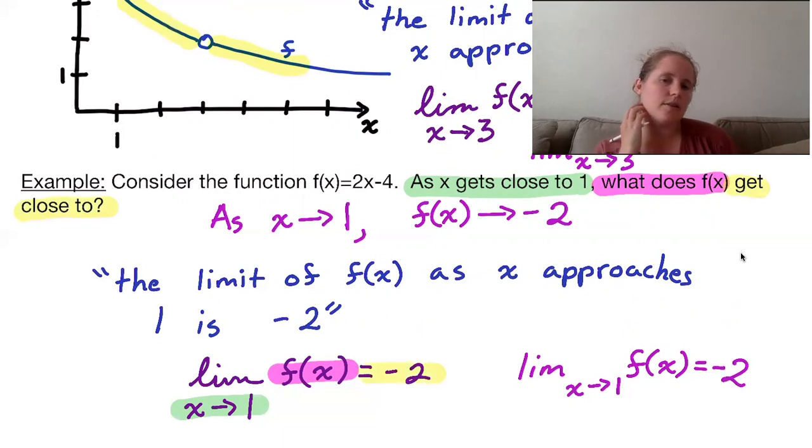So the thing at the bottom is what x is approaching. Then the thing right next to lim is the function we are working with, and then it equals whatever y value the function appears to be drawing close to. So those are, again, just the limit notation for the two examples we saw previously.